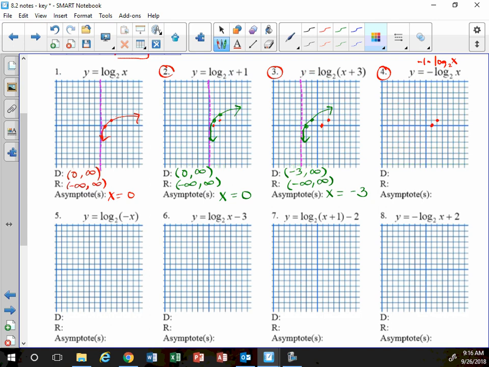When I flip over the x-axis, does 1, 0 go anywhere? No, because 0 times -1 is still 0. What about 2, 1? 2, -1, right? Does my asymptote change? No. So think about the shape. It's upside down now. But your domain, range, and asymptotes are exactly the same.